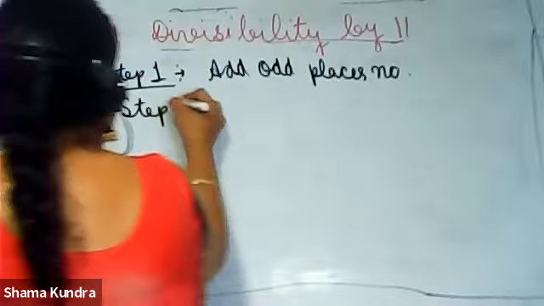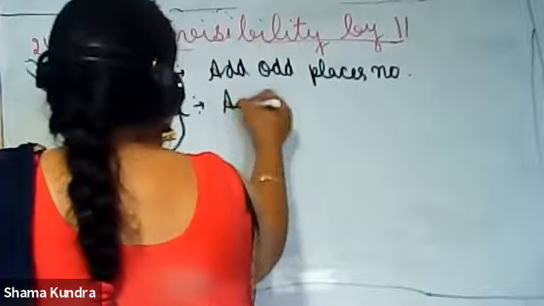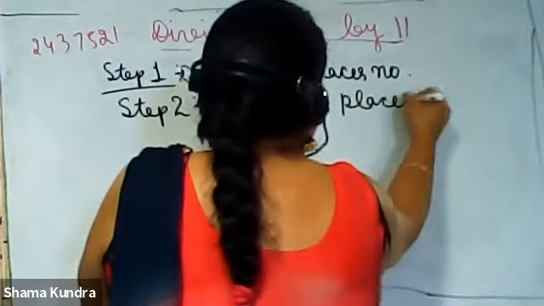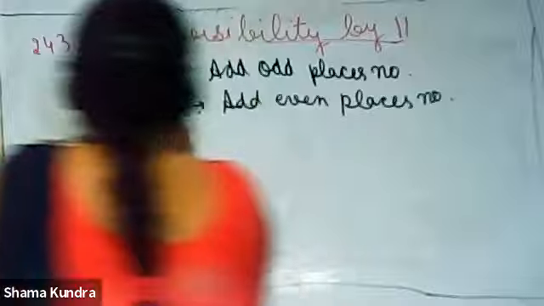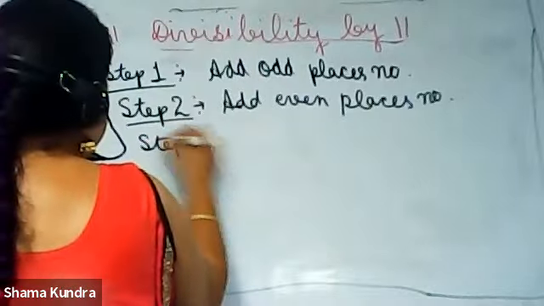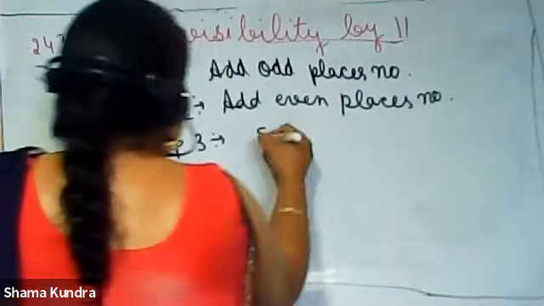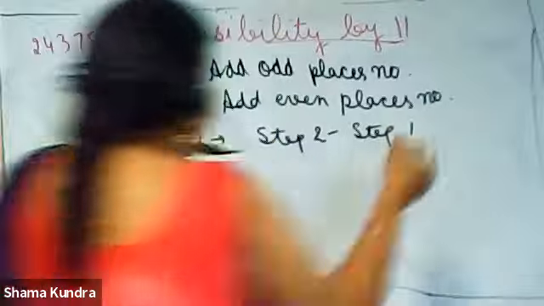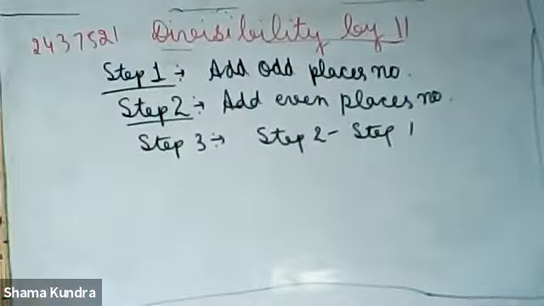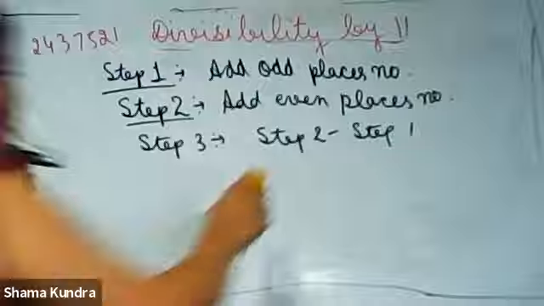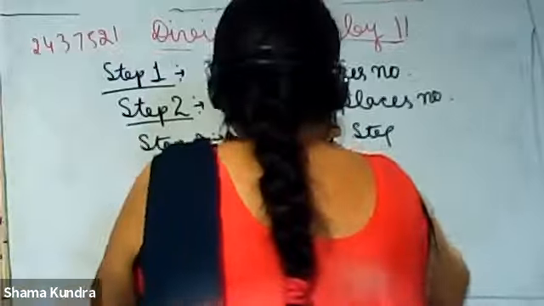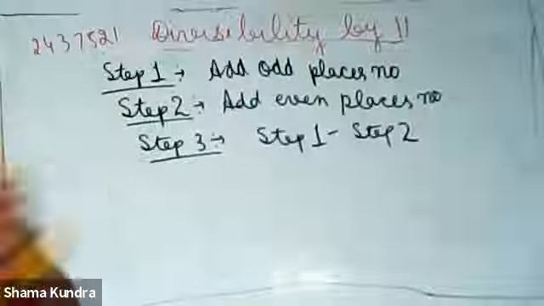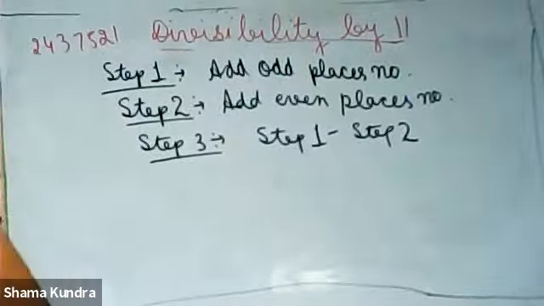Step 2 is add the even places numbers. Step 3 is to simply take the difference of the previous two steps. You have to consider step 1 first. Step 1 minus step 2.